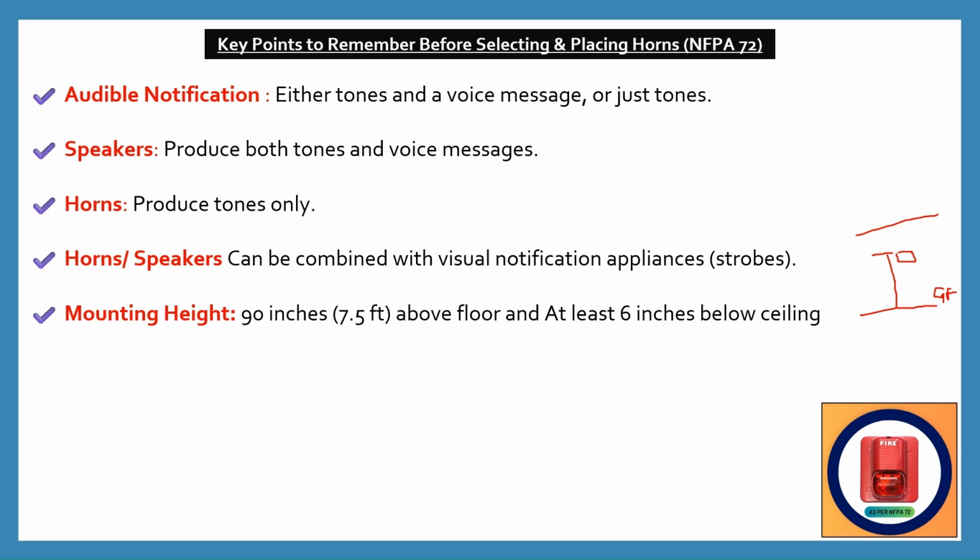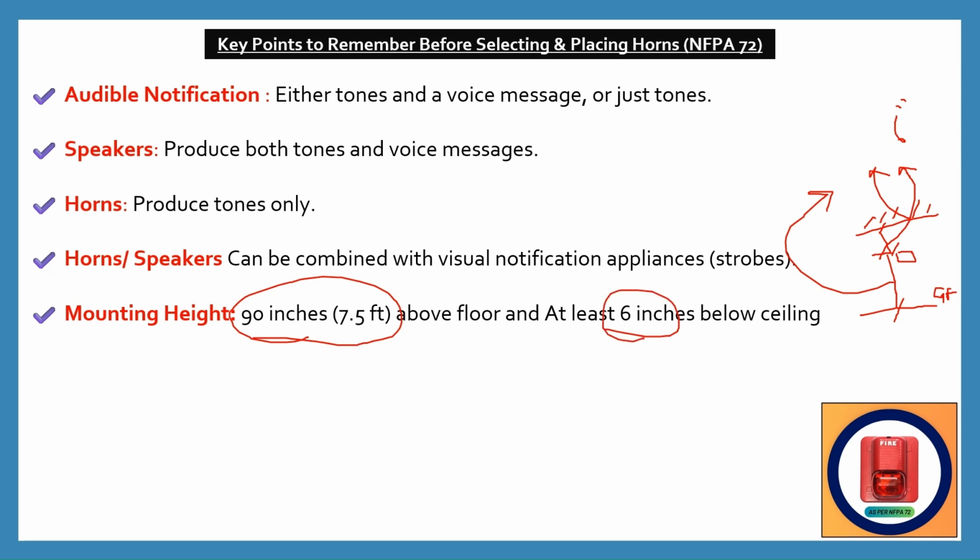This distance shall be minimum 90 inches above the floor, but from the ceiling, assume this is a false ceiling or slab, this distance shall be maintained minimum 6 inches, as you can see on your screen. So this is the most important part of the installation requirement.